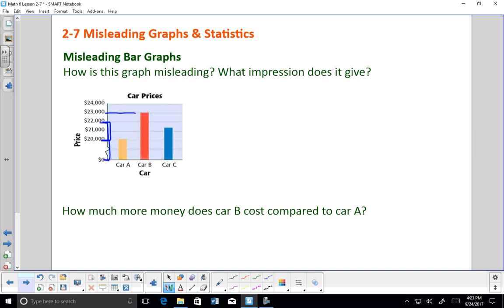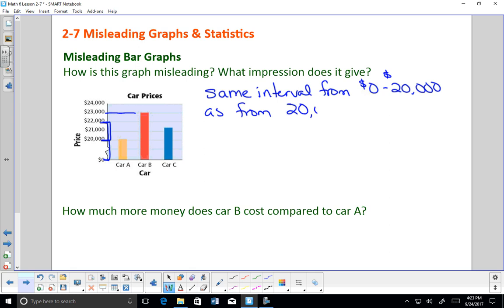So you have the same amount of space from 0 to $20,000 as you do from $20,000 to $22,000. So it appears that car B is much more expensive.